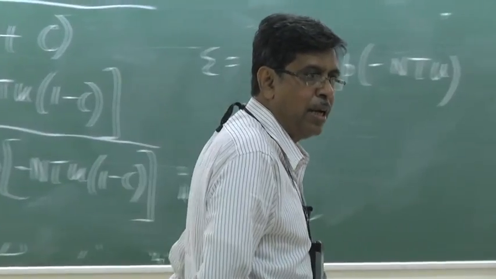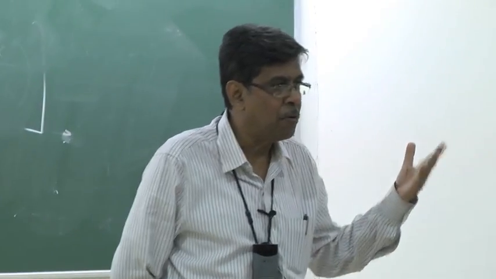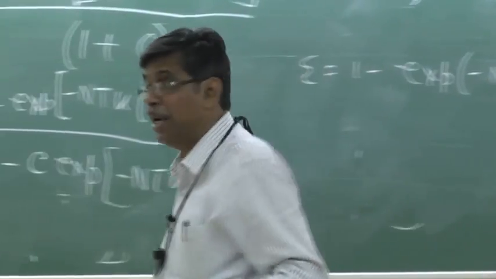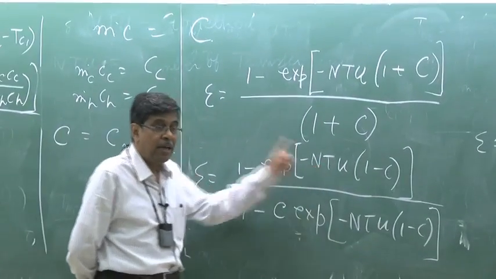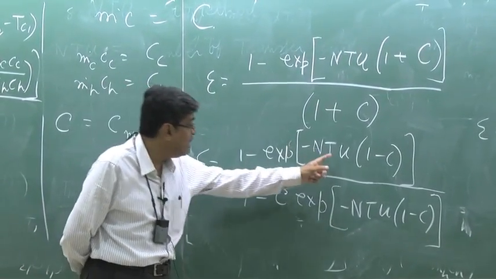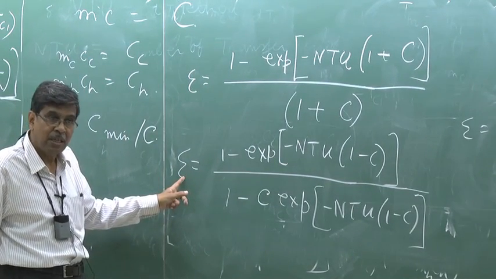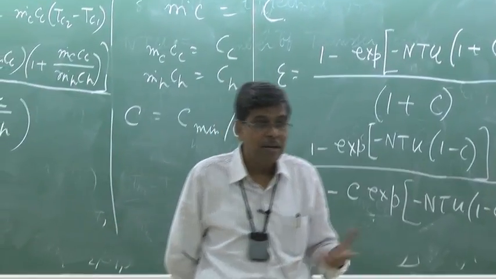To find out the effectiveness, the temperatures are found quickly. But where the temperatures are given and sizing is to be made, LMTD is useful, because from here, knowing epsilon, NTU as a function of epsilon will be a little difficult. You understand? This may require tedious calculations or iterations.